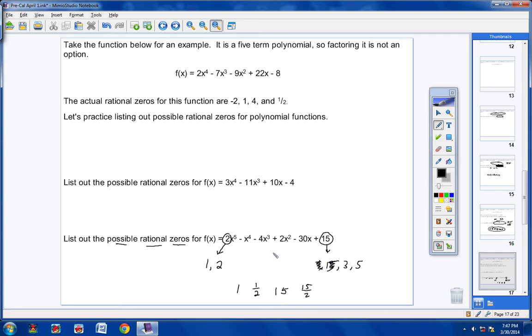Now the 3. 3 over 1 is 3, and 3 over 2 is 3/2. And now the 5. 5 over 1 is 5, and 5 over 2 is 5/2. And now just don't forget to put your plus minus in front of each number.